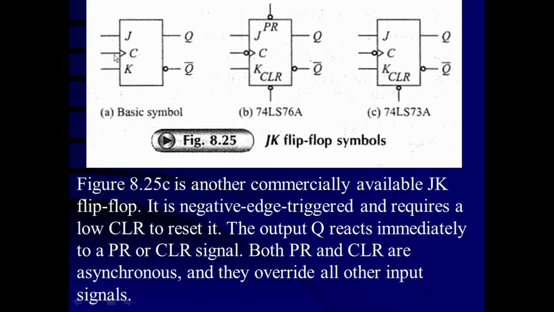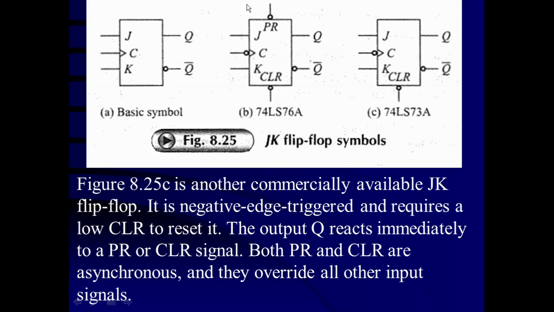And this indicates that with the positive edge of the clock pulse, the flip-flop is activated, or will respond to the input conditions of J and K. It can be no change, set, reset, or toggle mode. Whatever the condition, it is going to respond on the positive edge of the clock pulse.